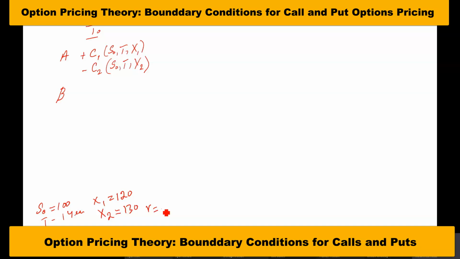Portfolio B, and let's take the risk-free rate. We know how to calculate the risk-free rate. Let's say the risk-free rate is 5%. So how much have I invested? X2 minus X1 multiplied by (1 plus R) raised to the power minus T in the risk-free bond. Effectively, I have invested (130 minus 120) times (1 plus 5%) raised to the power minus 1.